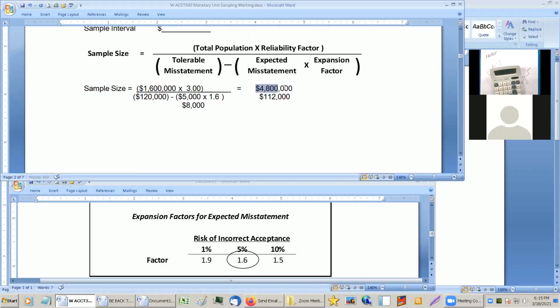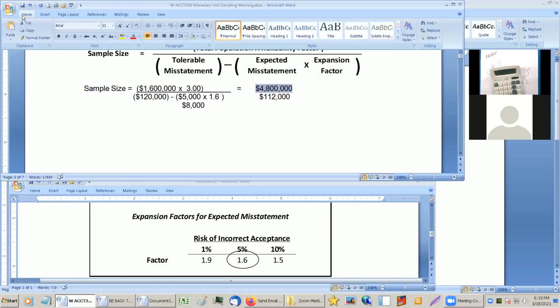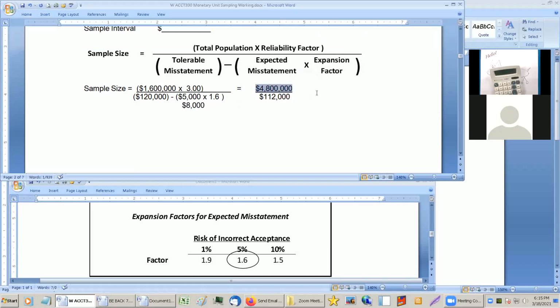So this is 42 point something. 42.85. Or do you want us to round?